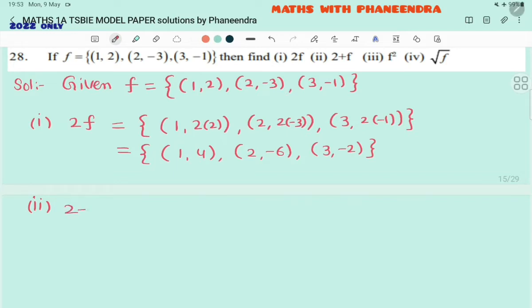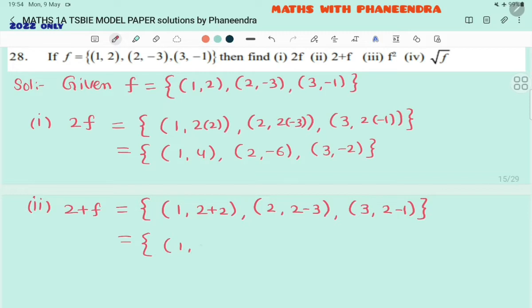So 2 + f is equal to (1, 2 + 2), (2, 2 - 3), (3, 2 - 1), which is equal to {(1, 4), (2, -1), (3, 1)}.